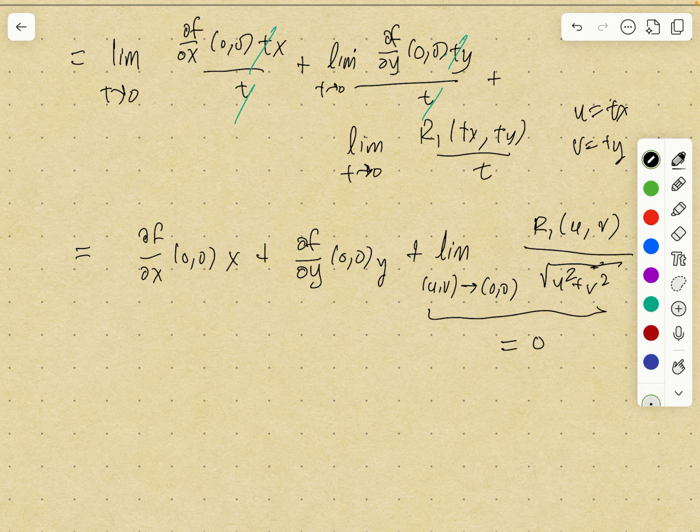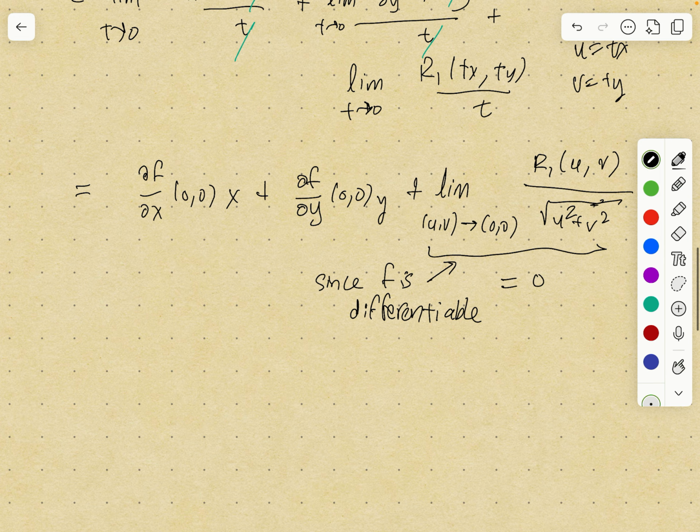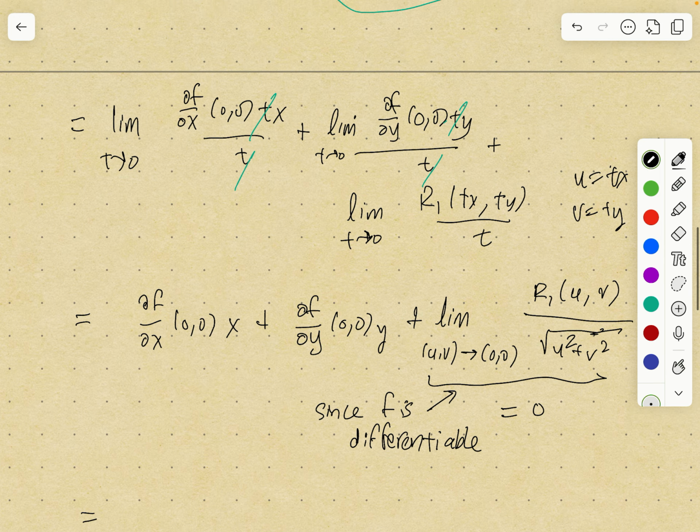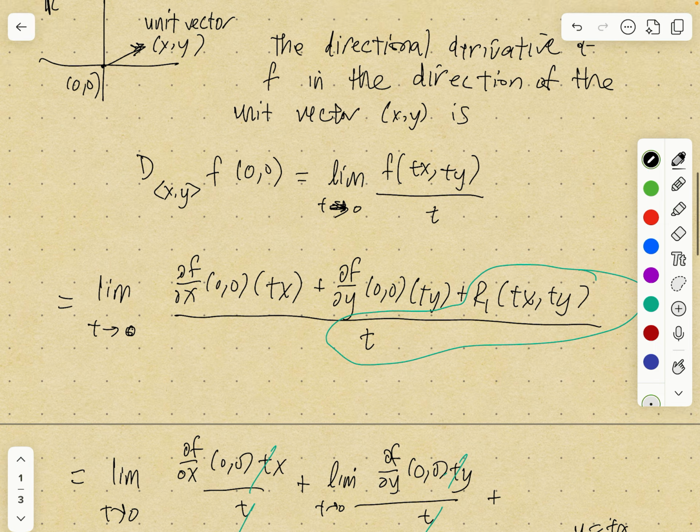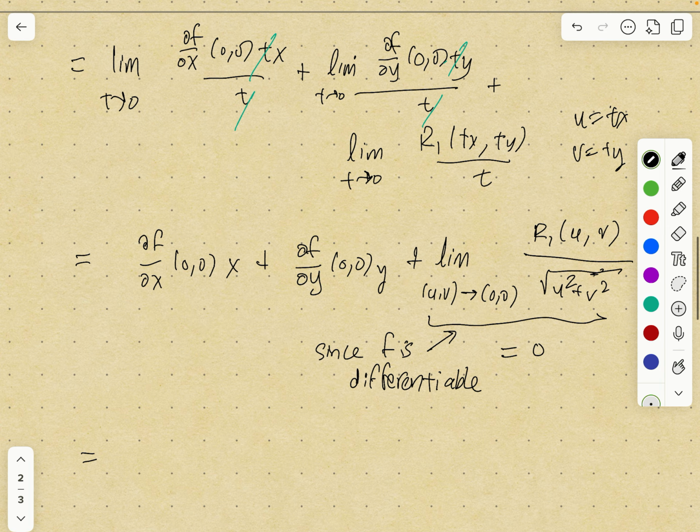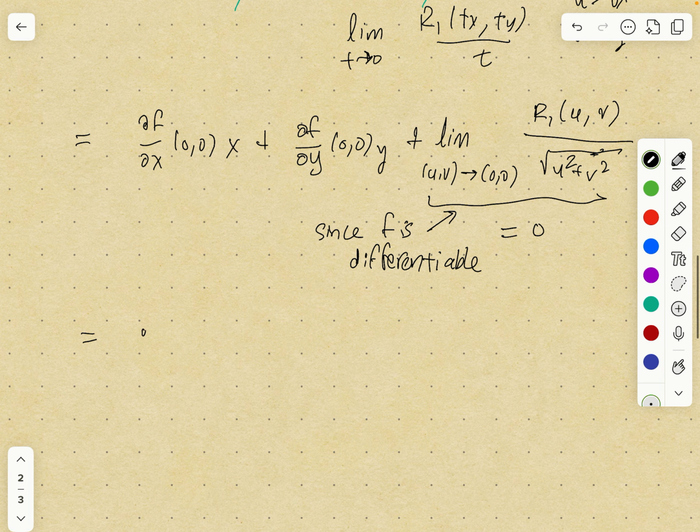And so, since f is differentiable, what we've discovered is that the directional derivative of f in the direction (x, y) is just equal to the partial derivative at (0, 0) times x plus the partial derivative with respect to y at (0, 0) times y.